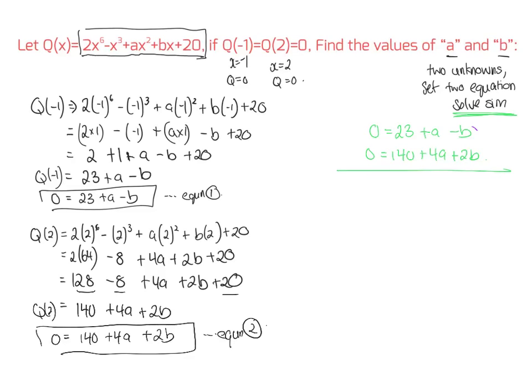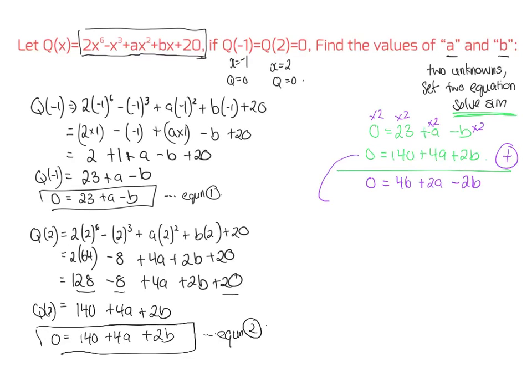So if I times the first by 2, when I add these, the b will get eliminated. But because I've times that by 2, I have to times everything by 2. So that equation ends up being 0 equals 46 plus 2a minus 2b.